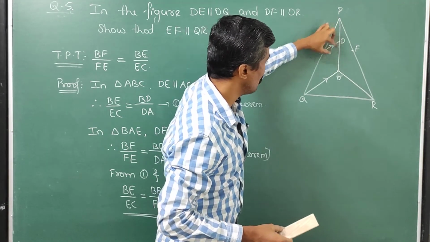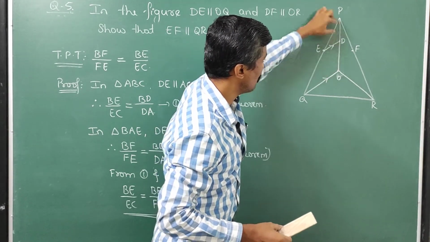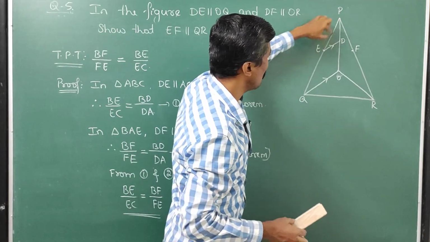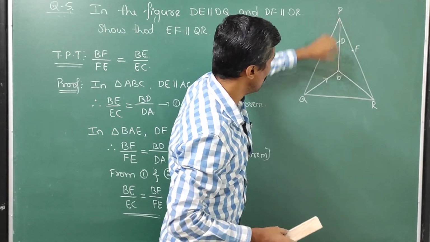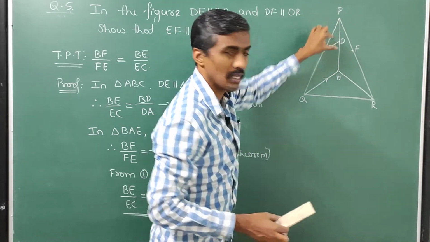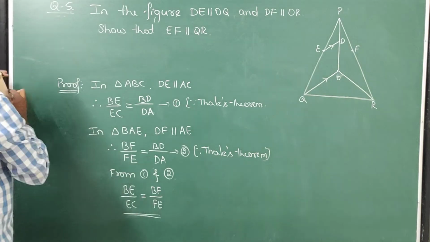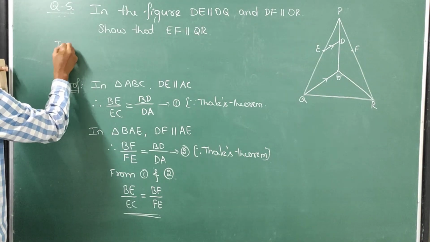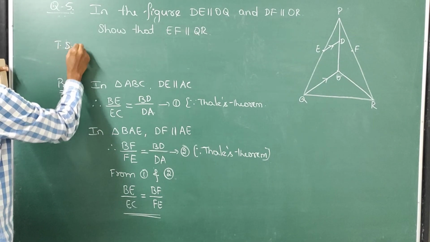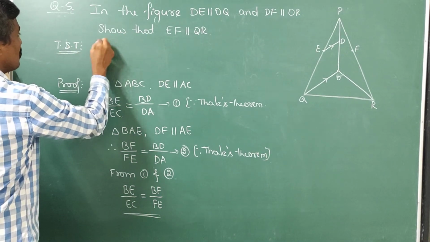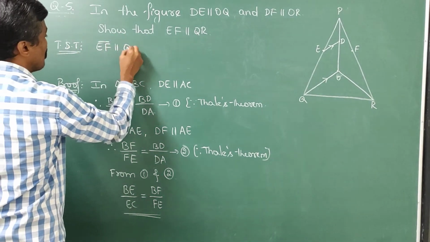So if a line is drawn parallel to a side of a triangle, then according to Thales theorem, this line ED divides PO and PQ in the same ratio. Let me apply it now. What we have to show is EF parallel to QR.